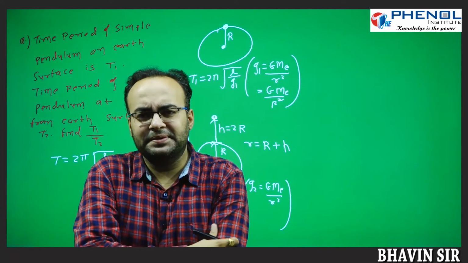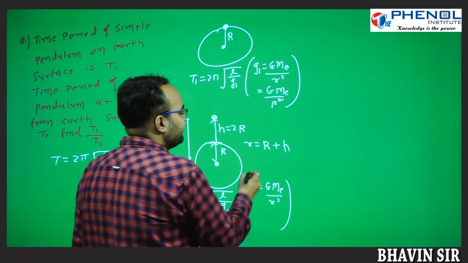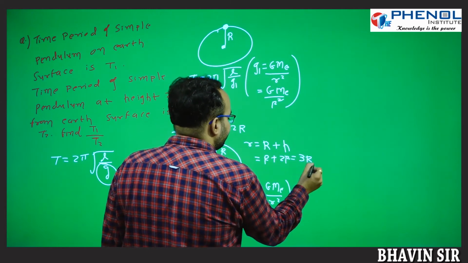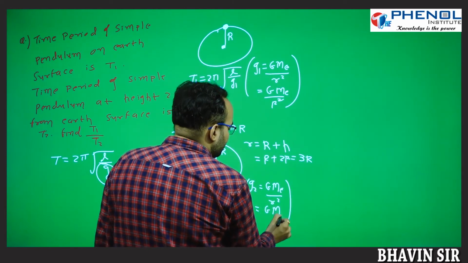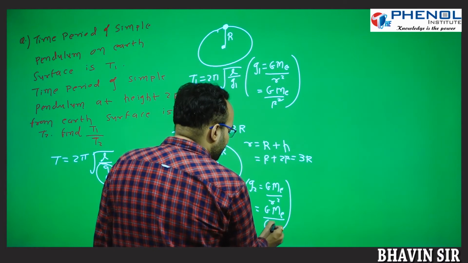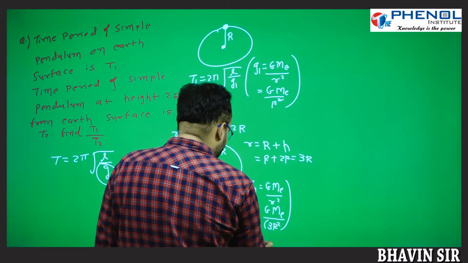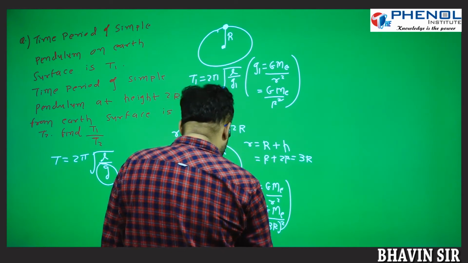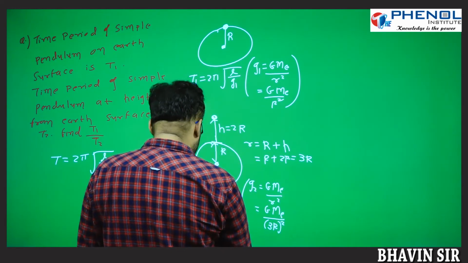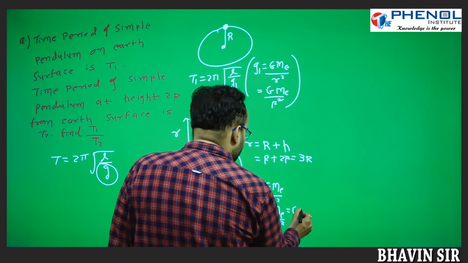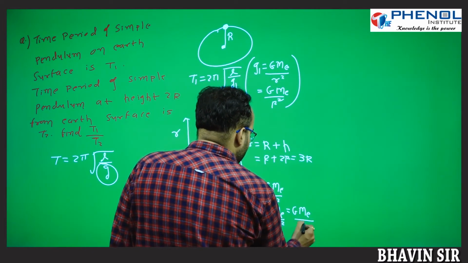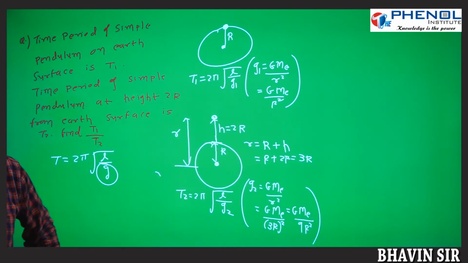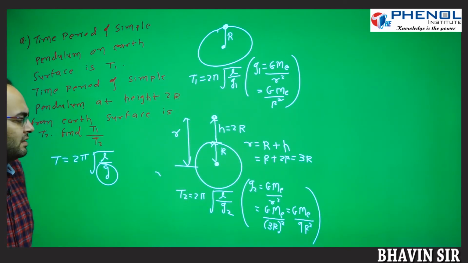R plus h. And what is the height? 2r. So G Me by 3r square, so G Me by 9r square. Clear students?